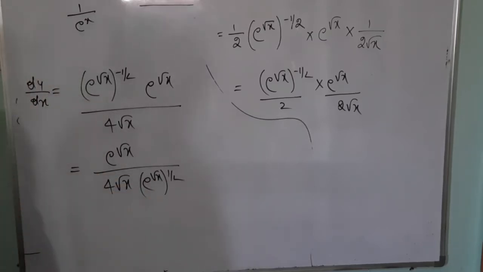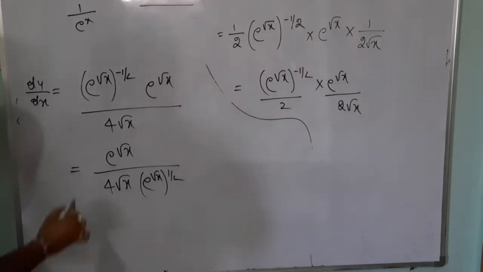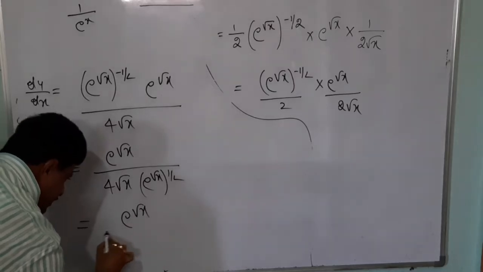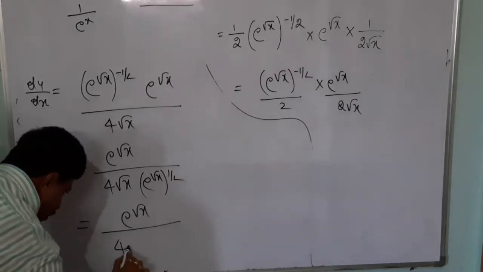The minus becomes plus. Okay, next, so that is equal to e to the power of root x whole divided by 4 root x.